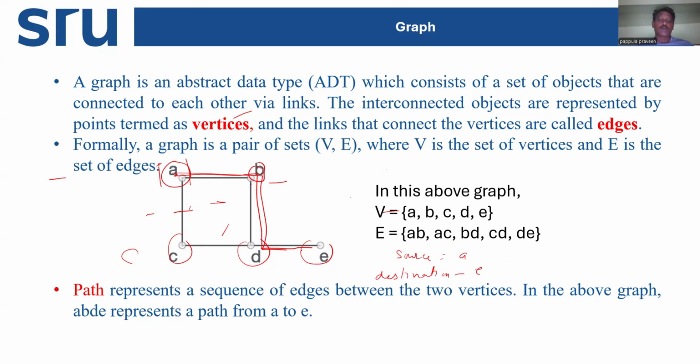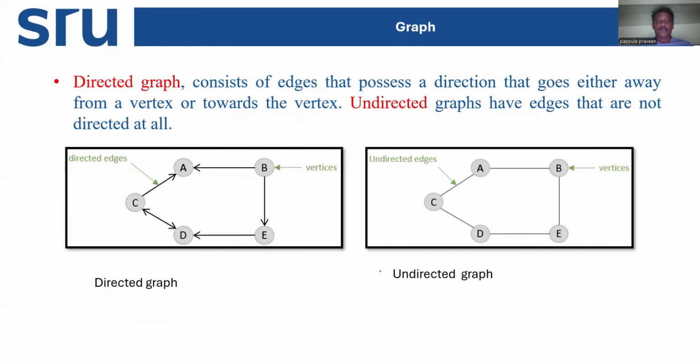Another path is A to C, C to D, D to E. We can write them as A, B, D, E and A, C, D, E. These are the paths between source and destination.